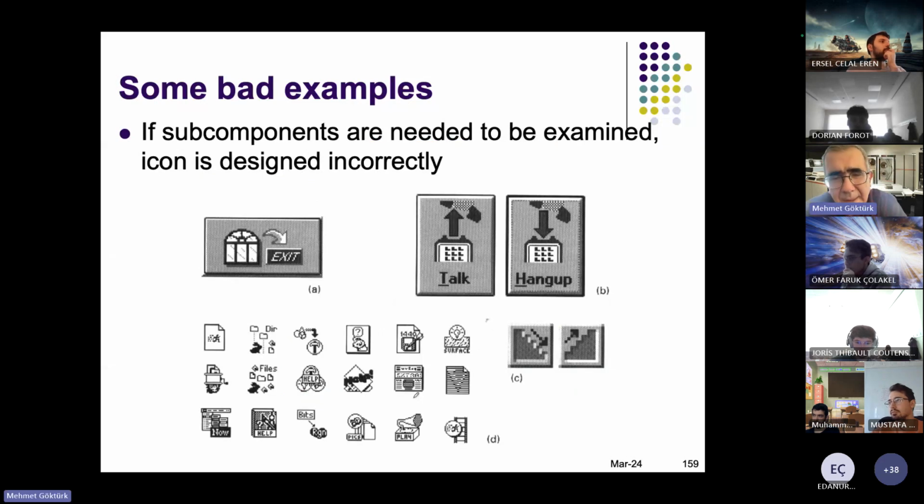Other examples are usually going through details. The problem is going through details. This is from the book. That's why they are white and black and white. This is very famous. This means exit from Windows. Exit from Windows. Talk to hang up for talk. Hang up to disconnect.